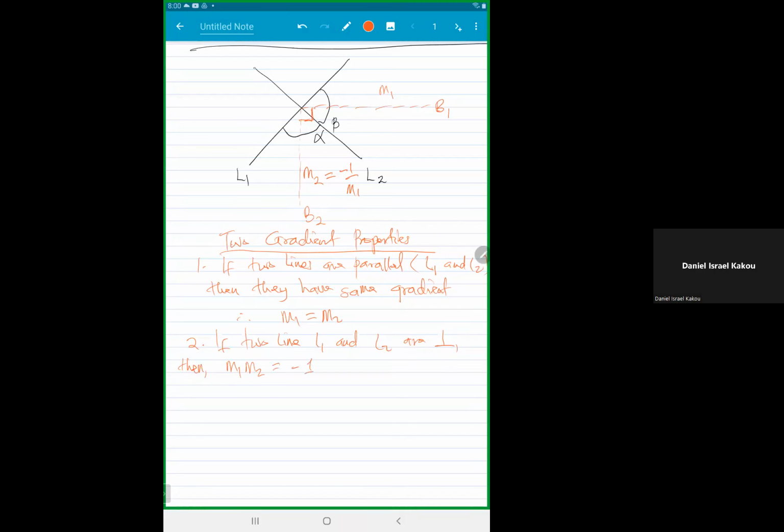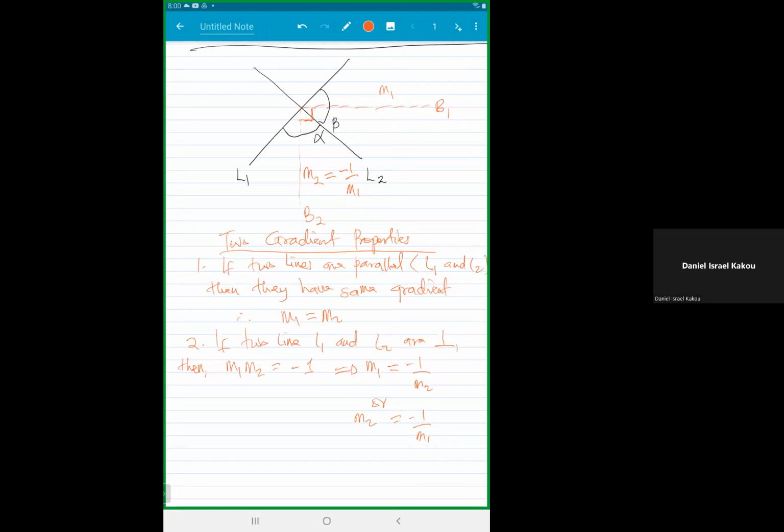This is the same as saying one is the negative reciprocal of the other, because this will imply that M1 is equal to -1 over M2, or M2 is equal to -1 over M1. So either we can say their product is -1, or one is the negative reciprocal of the other.